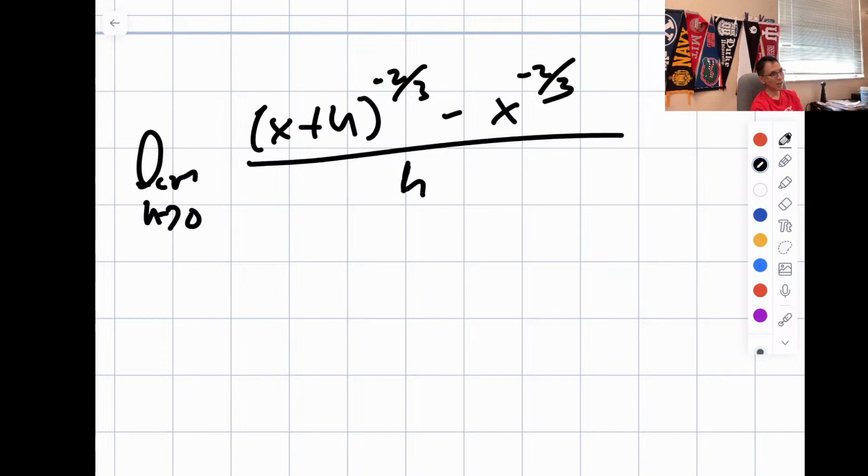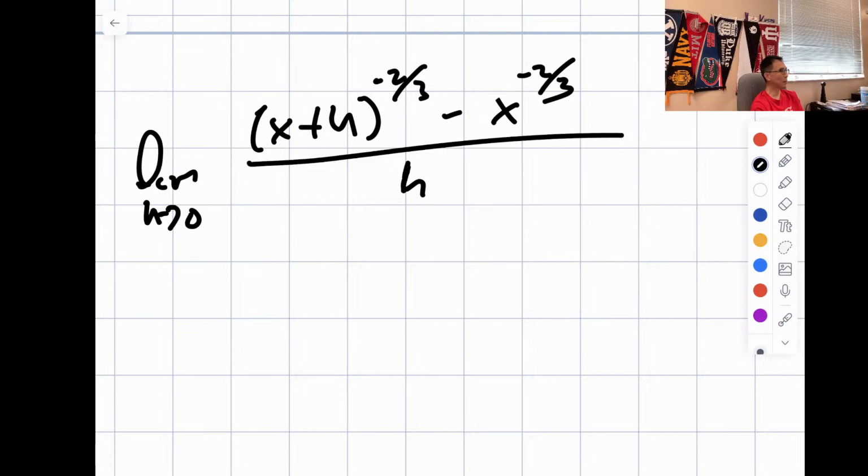Cube root of x plus h to the power of 2 minus cube root of x to the power of 2, all over h. No. Eli already got it? I don't think so. No. Is it infinity? Nope.